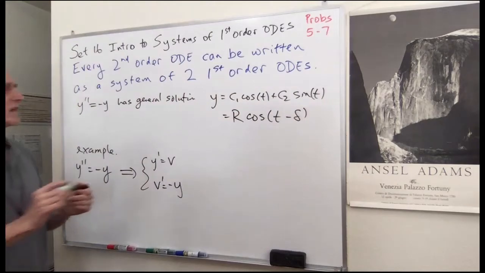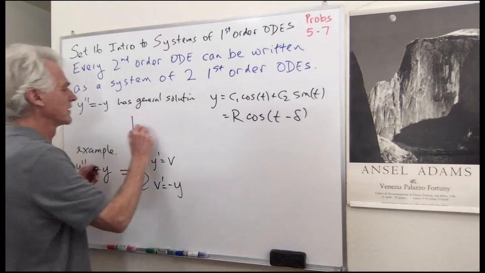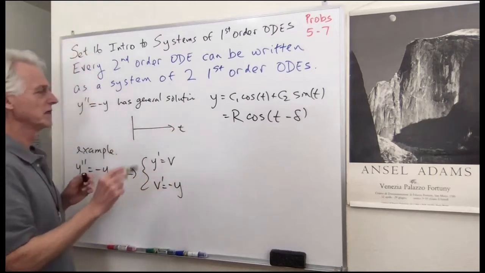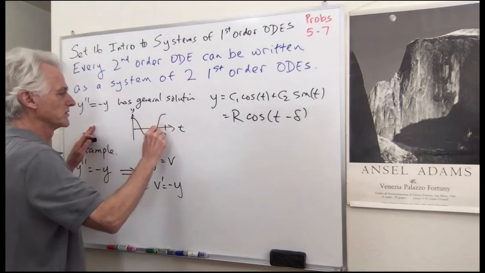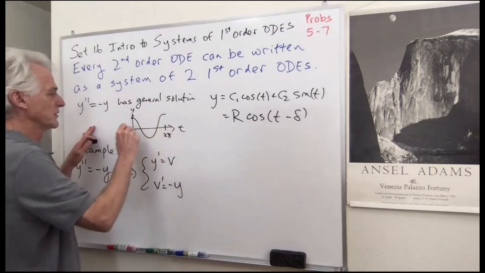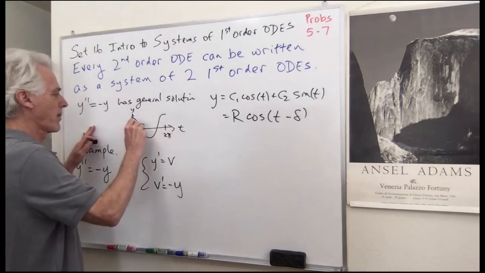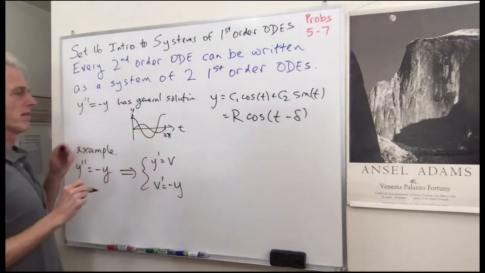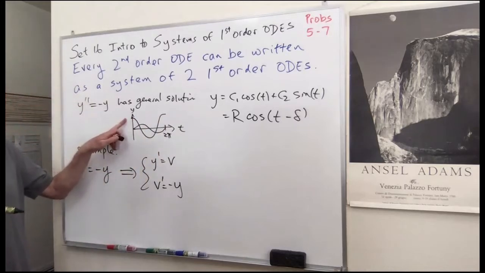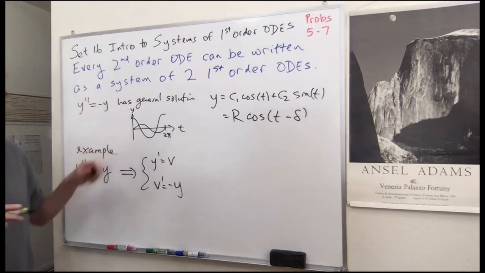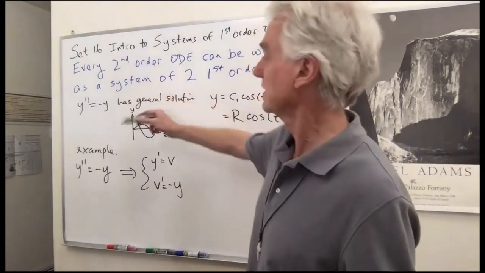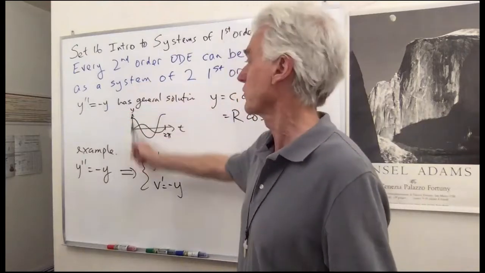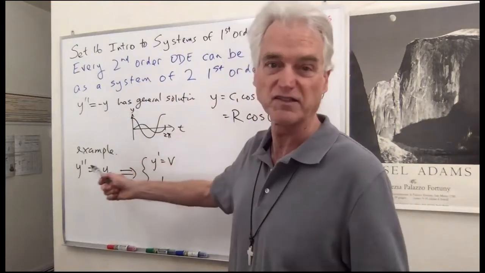One of the things about this that's maybe not so good is if I plot y versus t, here's a solution. Here's 2 pi. Here's another solution. Maybe that's cos t, and this would be a half times sine t. One of the problems is that the solutions to this differential equation, if I draw them as y as a function of t, cross each other.